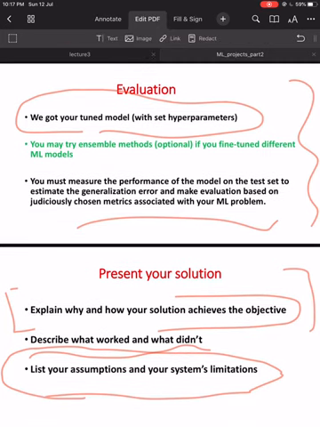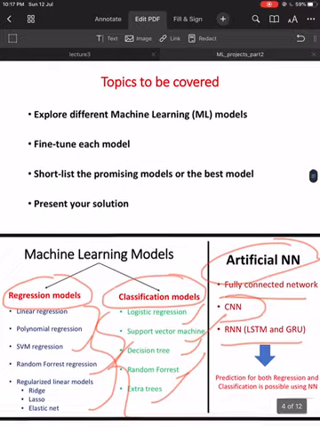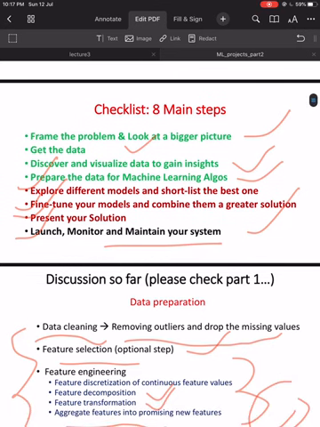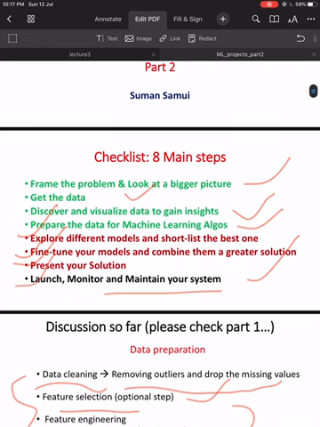And with this, I'm going to end this lecture. We discussed these last few steps, the fifth, sixth, and seventh steps, in this video of the end-to-end machine learning project.